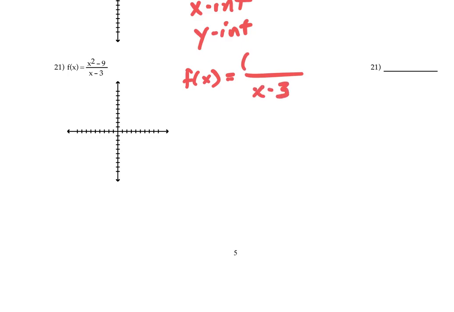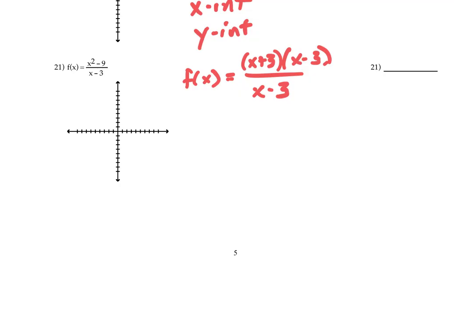We're going to factor the top. So we're going to factor it into x plus 3 and x minus 3. Sometimes it's already factored, sometimes it's not. If it's not, we want to go ahead and factor it.